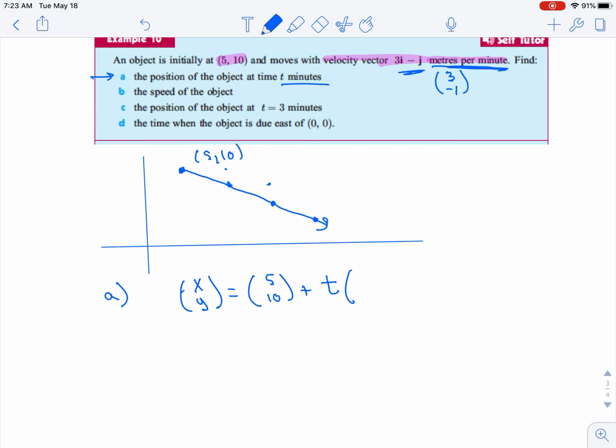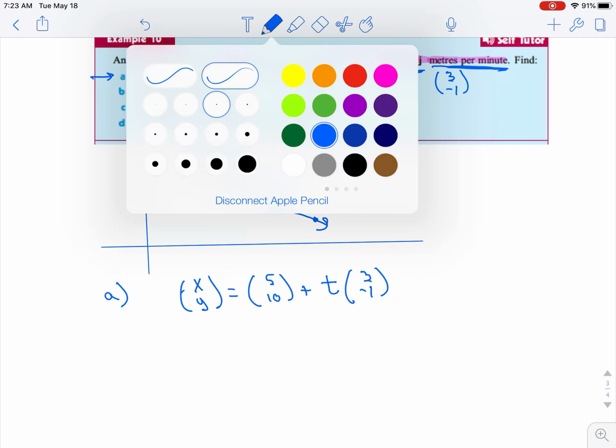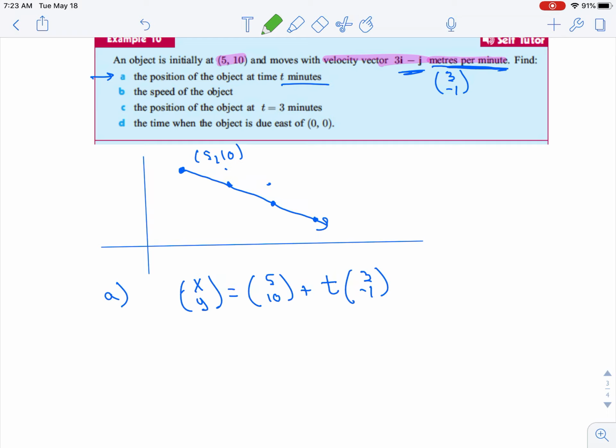So that's (3, -1). And again, I want to emphasize the units. Time is in minutes, and the velocity is in meters per minute, so when we multiply those together we get meters. So the position is given in meters.